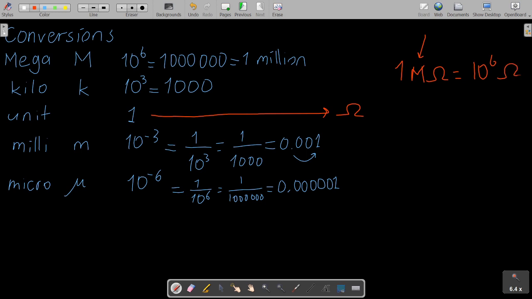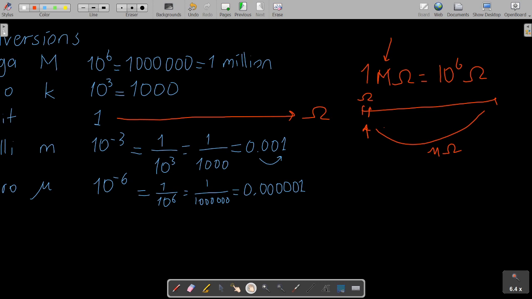Which means that mega is so big, 1 mega. The unit is just 1 millionth of it, very small. This is the ohm, let's say, or meter, and this whole thing is 1 million ohms come together and they make mega ohm. Imagine like that.